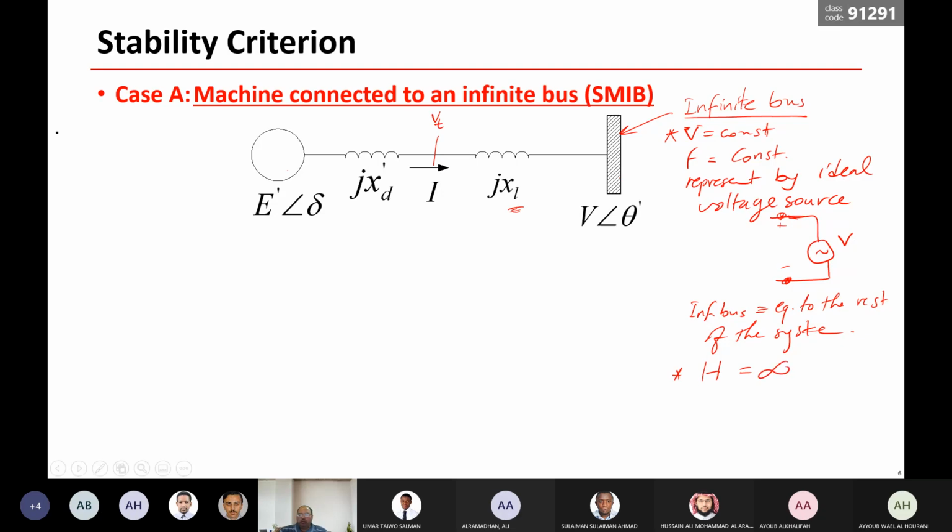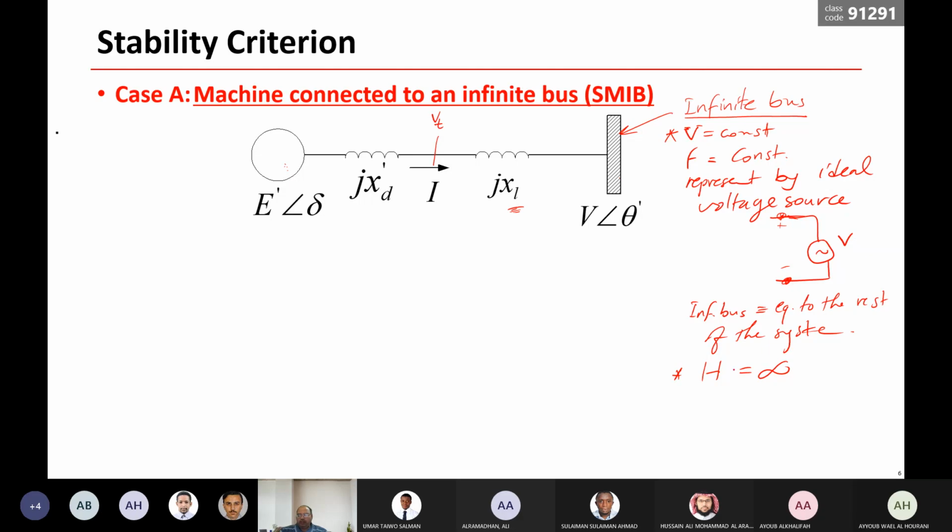Assuming the other generators in the system are combined together in one machine, this machine will be very huge compared to the single machine connected to the system. So H will be infinity, and the machine is very heavy.